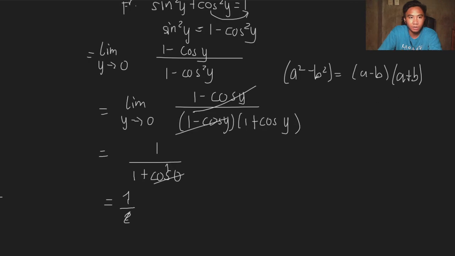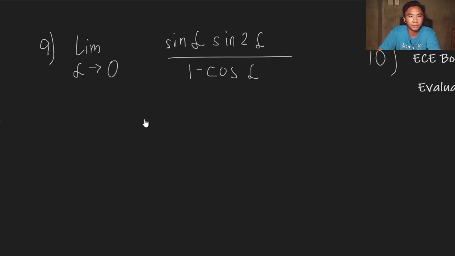Next number. Number 9. So, the limit of sine alpha times sine 2 alpha all over 1 minus cosine alpha as alpha approaches to 0.